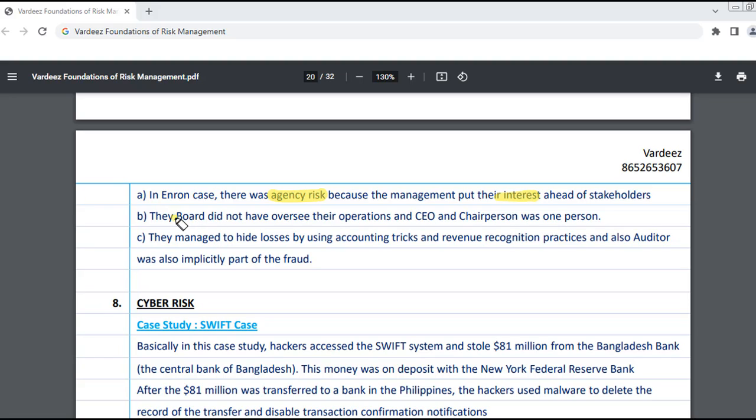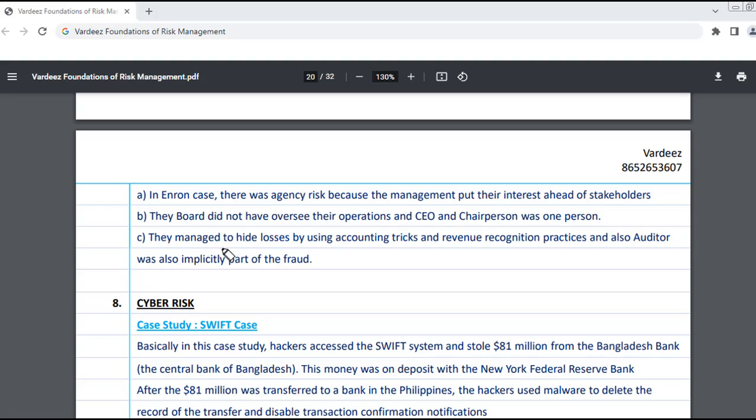Talking about the board, they did not oversee the operations of the management. And check this out, CEO and chairperson was one single person. As I told you, the best practice of corporate governance is to have separation between the CEO and the chairperson. In the case of Enron, they were one person.